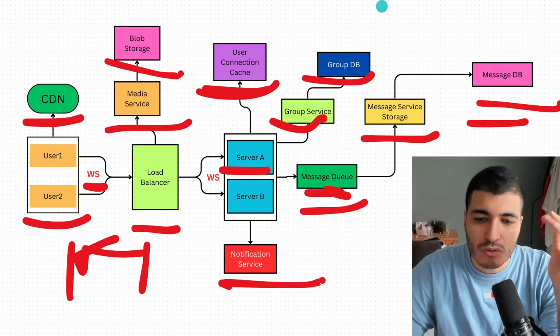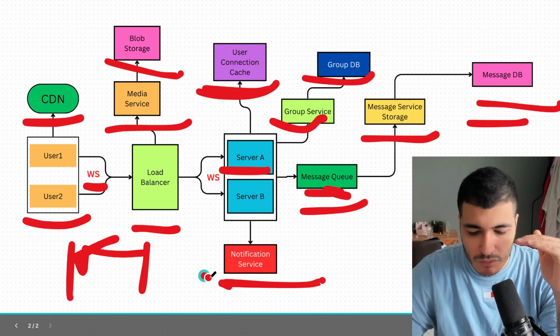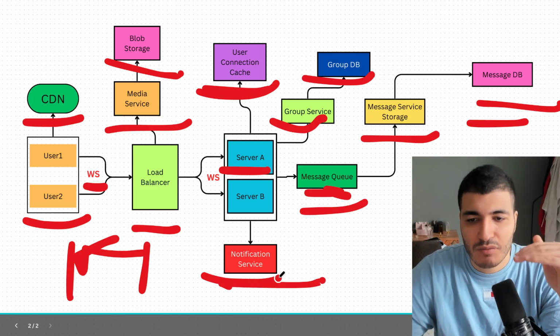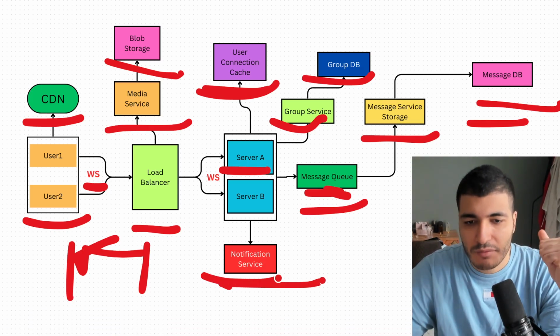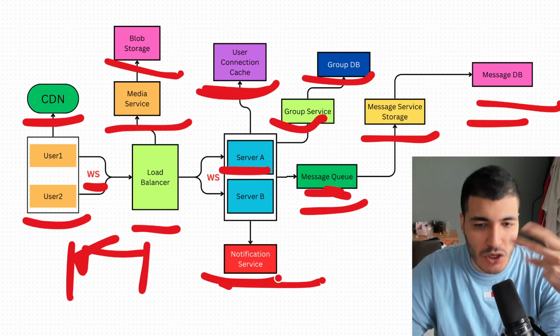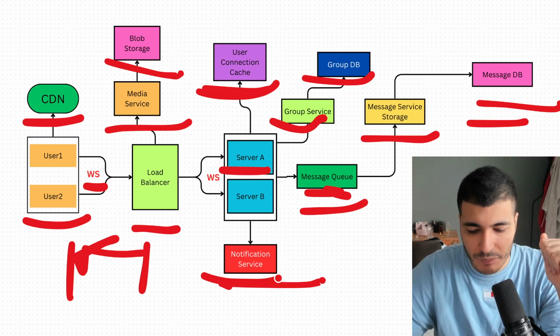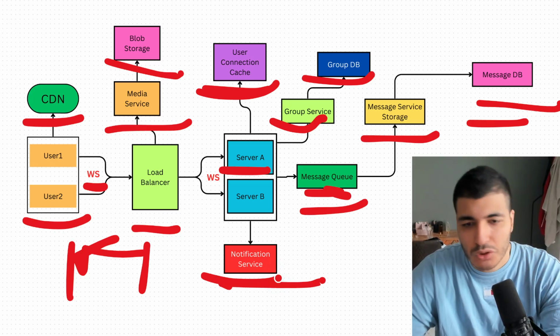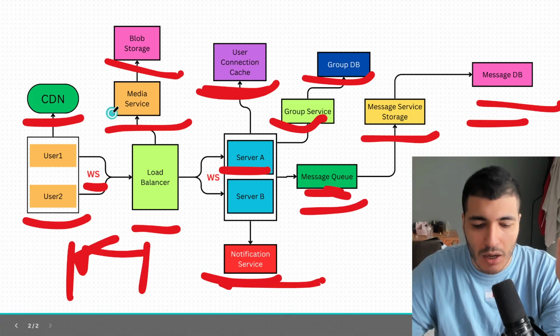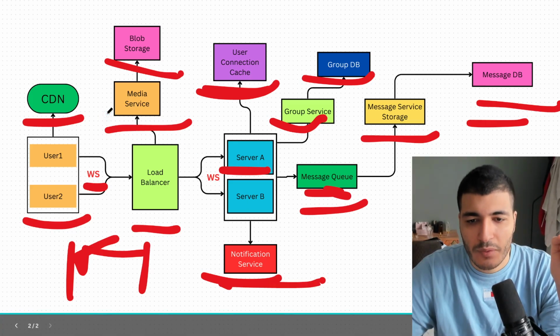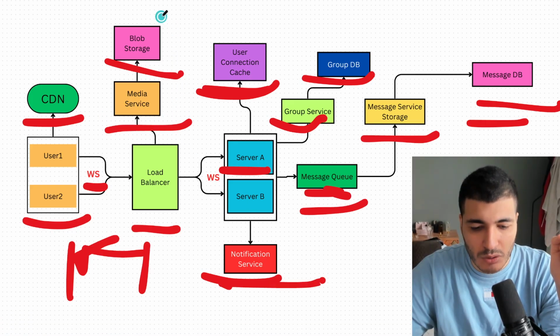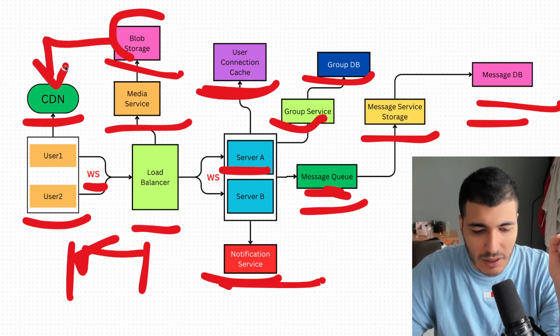If user two is offline, the notification service will trigger a push notification. If media is shared in this message, like an audio or image, it will be uploaded to the media service, which will upload it to the blob storage. Also, it will be uploaded to the CDN as well, for faster retrieval.